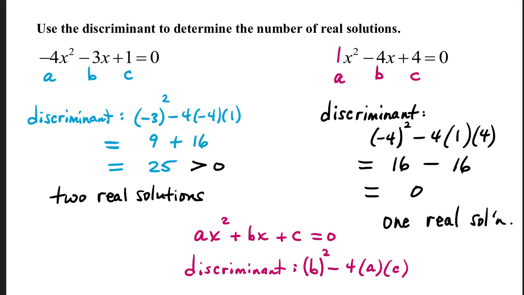Calculating your discriminant, we take our b value, square it, minus 4 times our a value times our c value. Negative 4 squared is 16, minus 4 times 1 times 4 is 16. We have a discriminant of 0. If the discriminant has a value of 0, there's only one real solution to your quadratic equation.